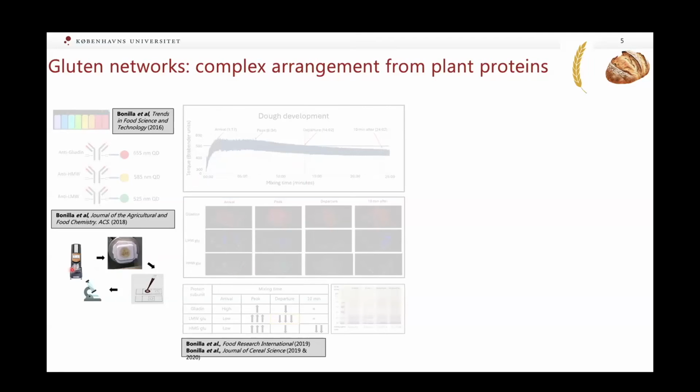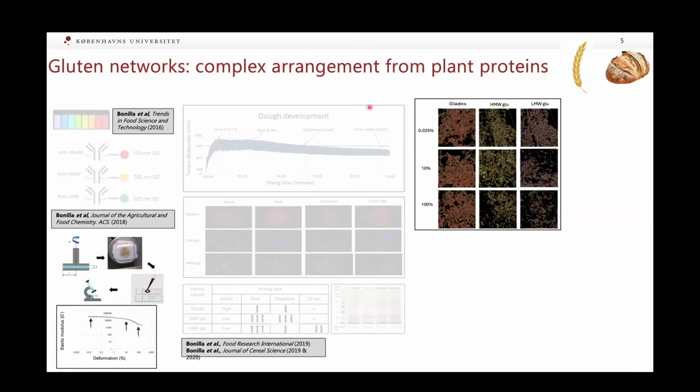We also put the dough on the rheometer. We did this oscillatory deformation, and we got similar results. We found something new about these low molecular weight glutenins and the way these networks distribute. Back then, we used some AngioTool software to look at this network quantification.